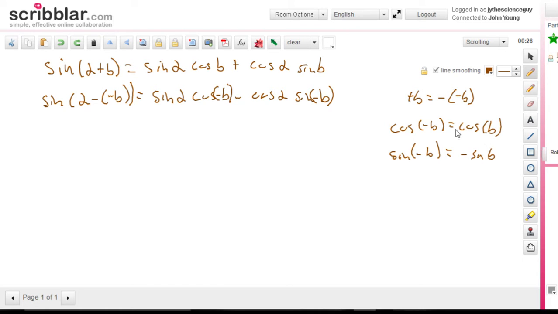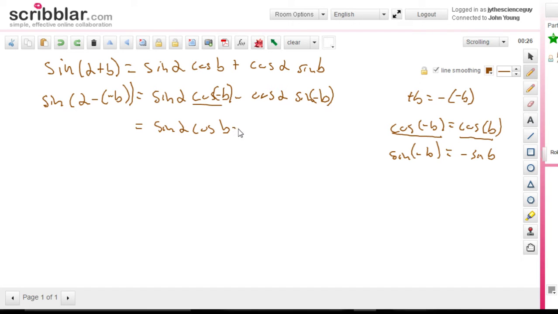Okay, so let's see what happens if I use this rule. This is the same as that, so that means that I can substitute this in for that. So the first part is going to change to the sine of alpha cosine of beta. So the negative sign goes away because that's even.